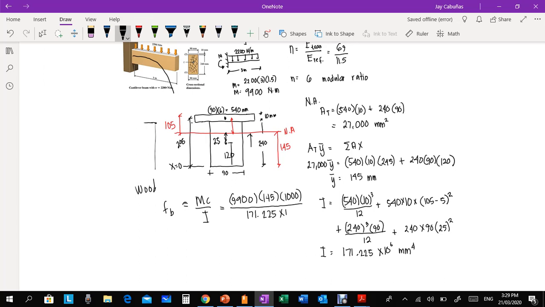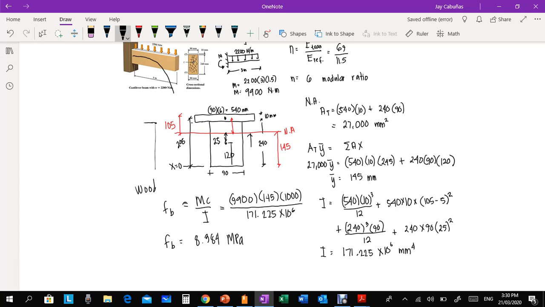171.225 times 10 raised to the 6. So we have FB is equal to 9,900 times 1,000 times 145 over 171.225 times 10 raised to the 6. The result is 8.384 MPa.